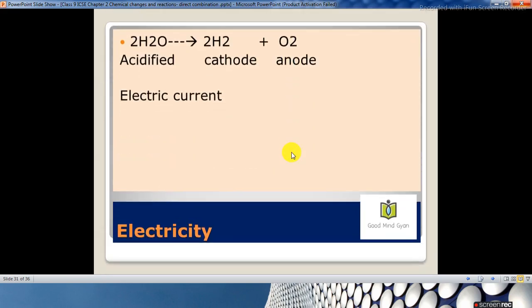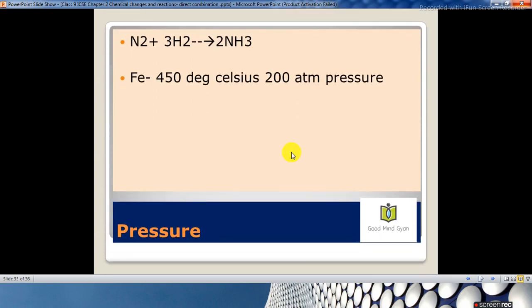Next comes electricity. As I already told you, water can be broken down by the decomposition process, electrolytic decomposition. You can get hydrogen at the cathode and oxygen at the anode. Here you require an electric current to be passed. Only then the reaction will take place. Next is pressure.